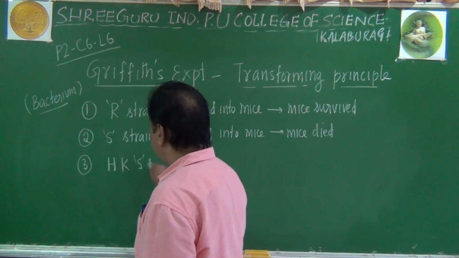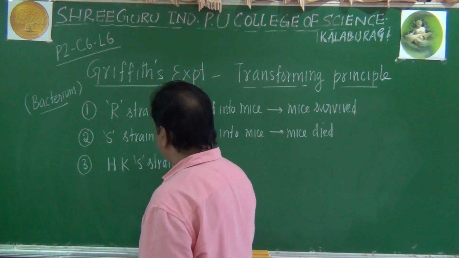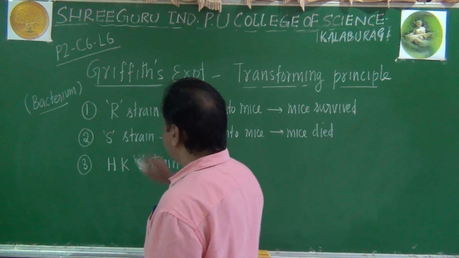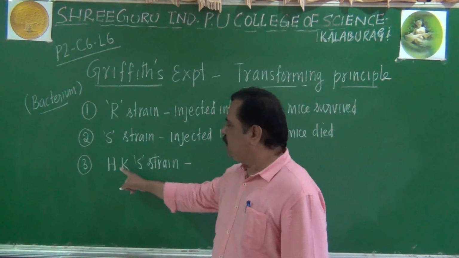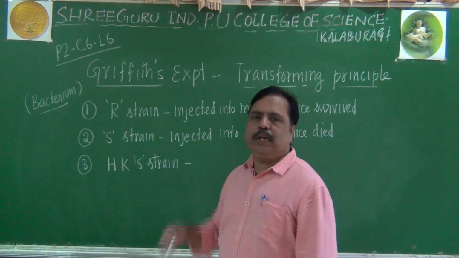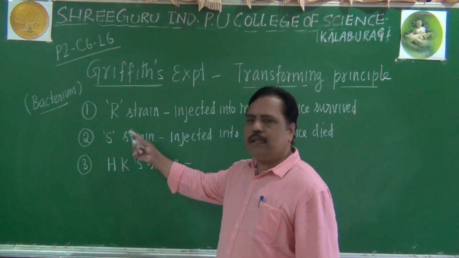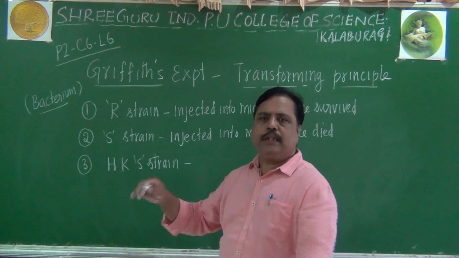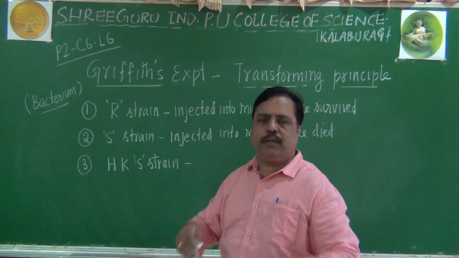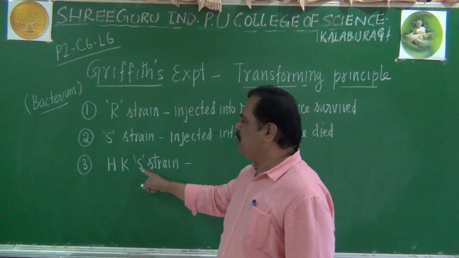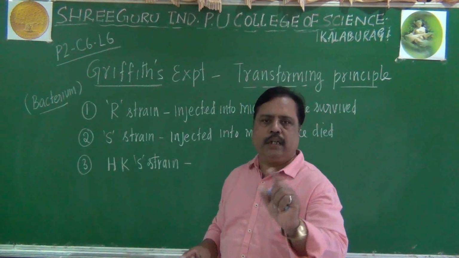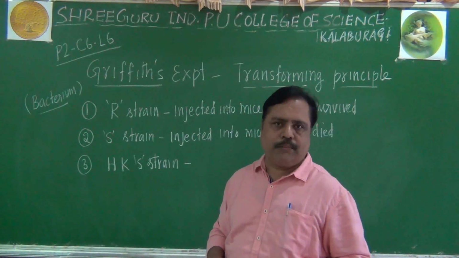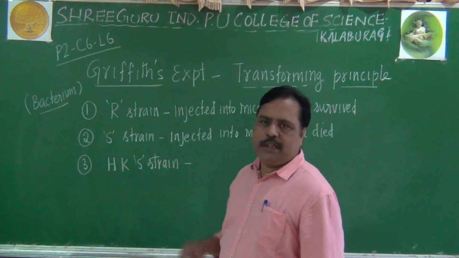Heat killed S bacteria, or smooth bacteria, was taken for the third experiment. HKS means heat killed S bacteria. He did not take a direct S bacteria; he subjected the smooth bacteria to heat and it became heat killed S strain. HK refers to heat killed, not Hyderabad, Karnataka. Okay? This is the HKS strain.